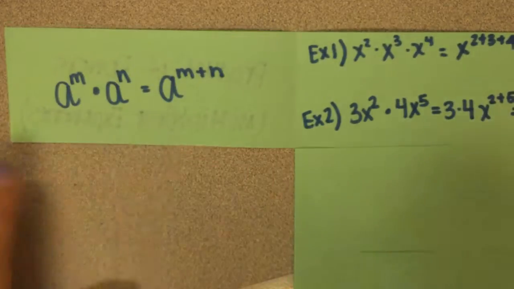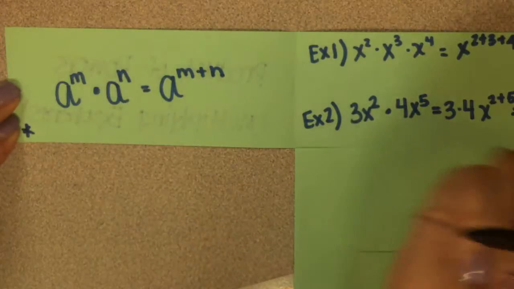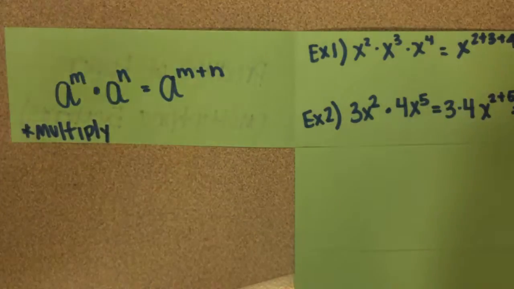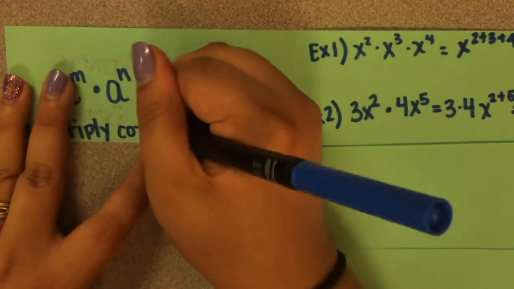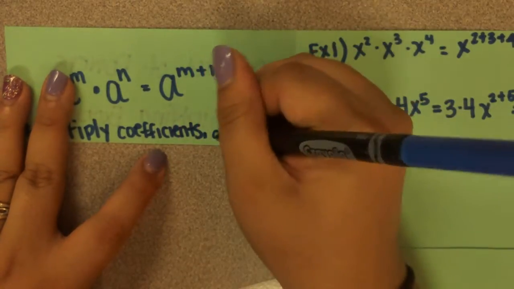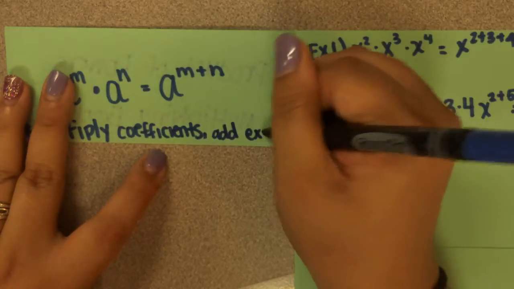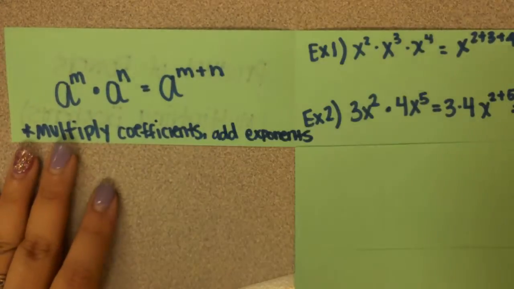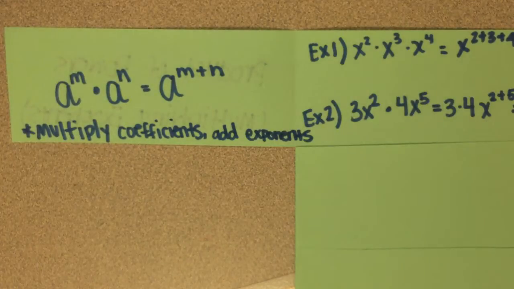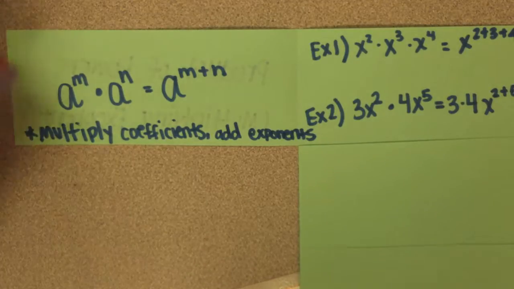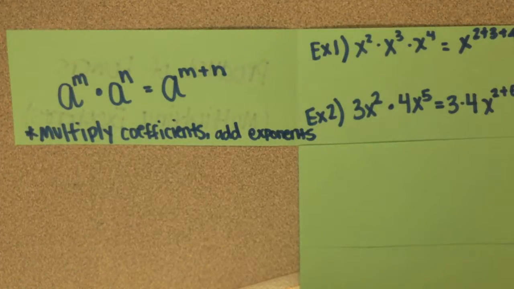So maybe over here, make a little note. Multiply coefficients. Add exponents. So that is multiplying. I'm going to close that one.